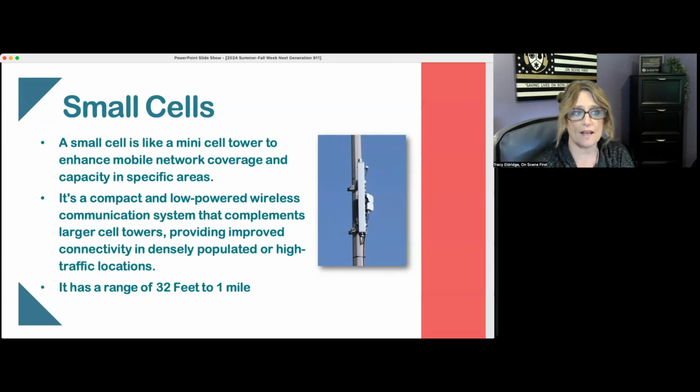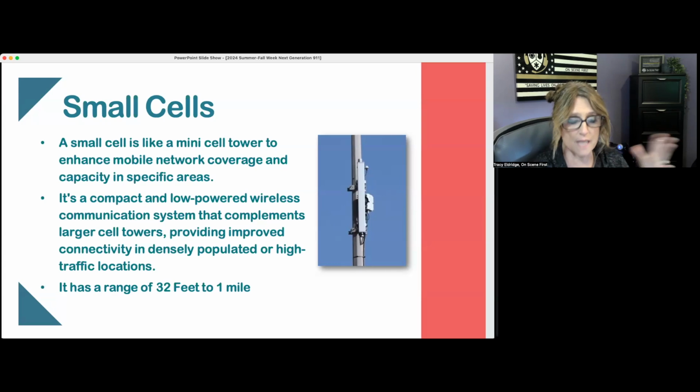A small cell is like a mini cell tower that enhances mobile network coverage and capacity in specific areas. It is a compact, low-powered wireless communication system that complements larger cell towers, providing improved connectivity in densely populated or high traffic locations. It has a range of 32 feet to a mile.